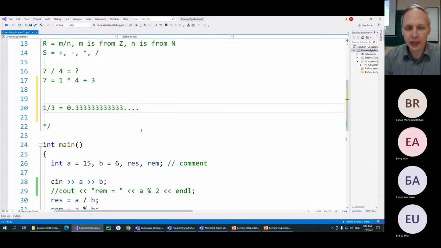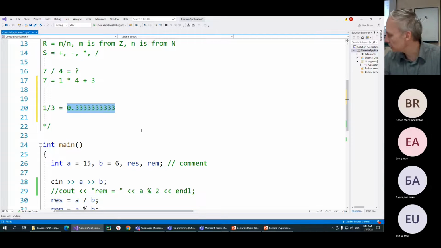Any type has only a fixed number of digits after the decimal point. Real numbers cannot be represented in a computer exactly, only with some accuracy.